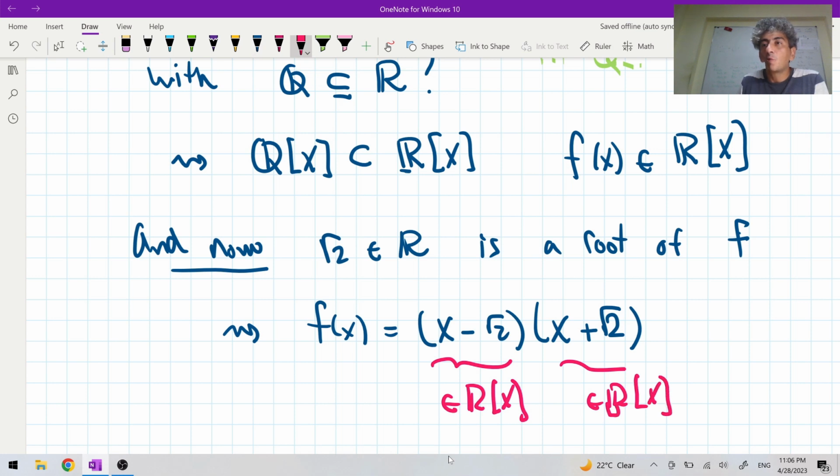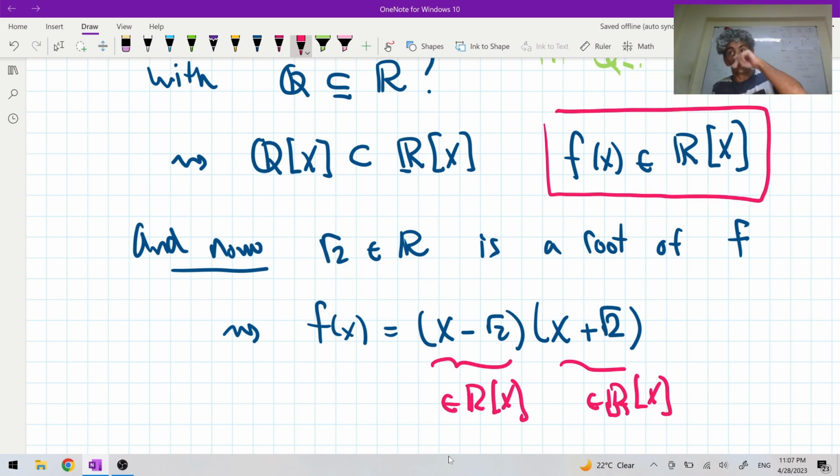So when we look at f as belonging to this set of polynomials, the polynomials with real coefficients, it becomes reducible. We have enlarged the base field in a way that we now have factors and we now have roots.